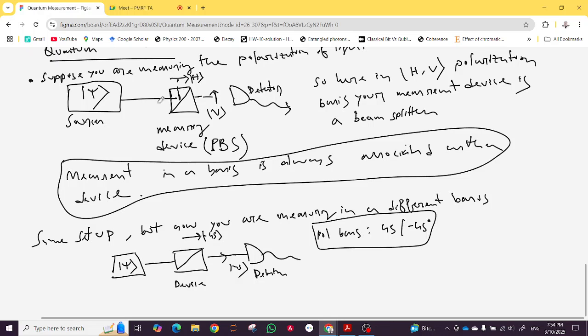Now if you send a plus 45 degree photon, suppose you want to measure plus 45, you can make some arrangements, but the probability will not be the same. So you keep the beam splitter the same, but it is not in the horizontal basis, it is the same PBS but in the plus 45 degree minus 45 degree basis.